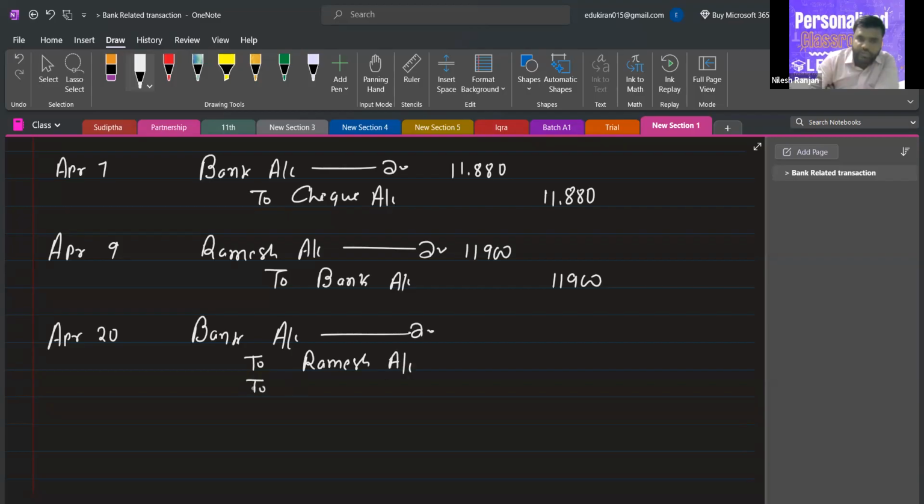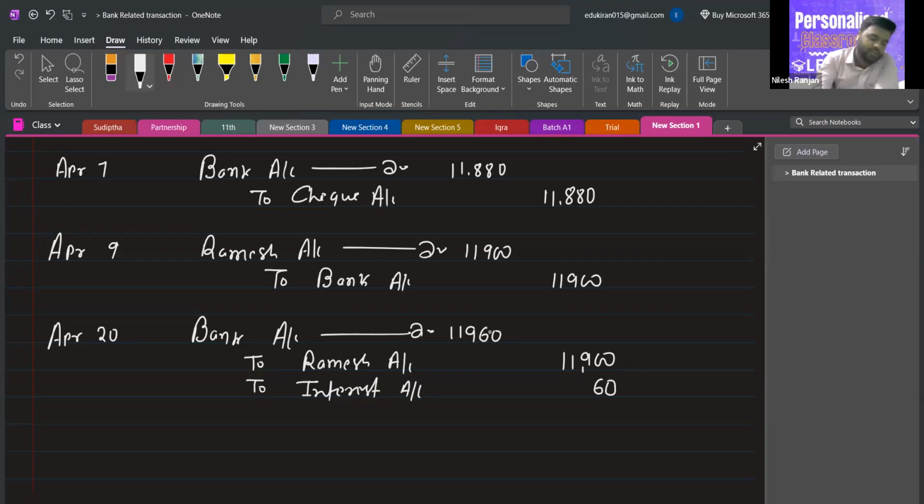And also interest, so interest account, because he is giving us 60 rupees interest. Now, we have to receive money from Ramesh, 11,900. So it should be 11,960, yes or no?